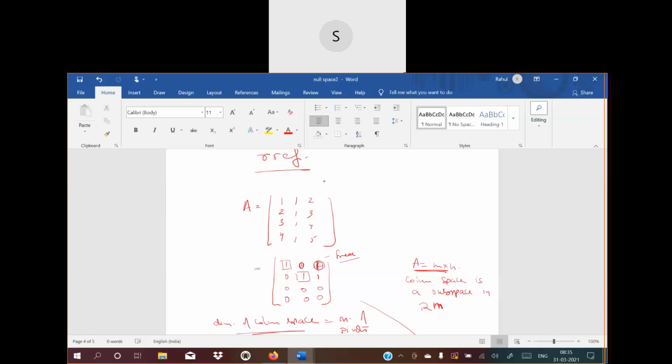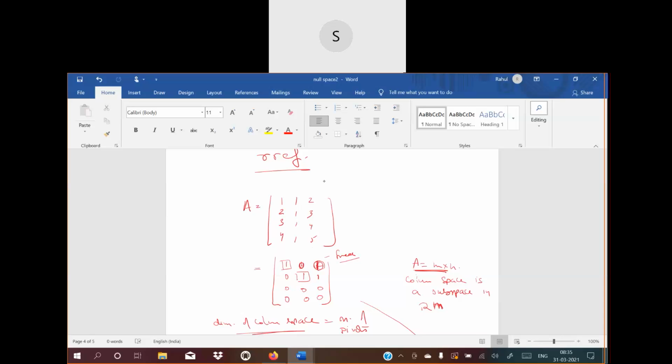In the WhatsApp group I actually pasted something on why the rank is so important. What is rank? Rank is the number of independent columns. This is a small matrix, but in real time you have a 100 cross 100 matrix.